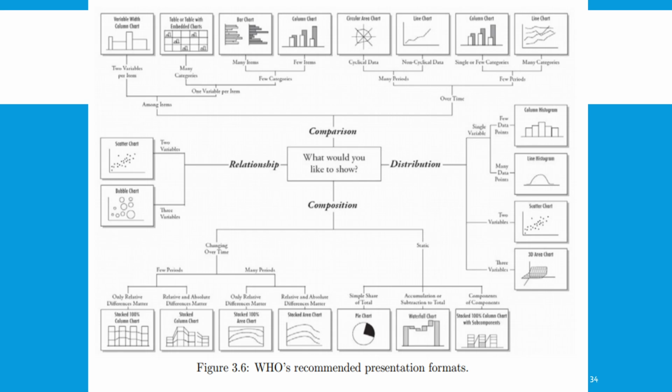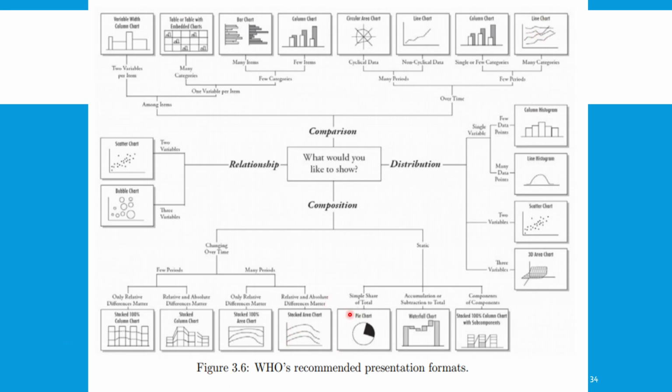And you can see that some charts can serve multiple purposes, no? Like the scatter plot could help us to show relationships, but can also help us to show distribution in some cases. Or the line chart can help us to show composition or comparisons.